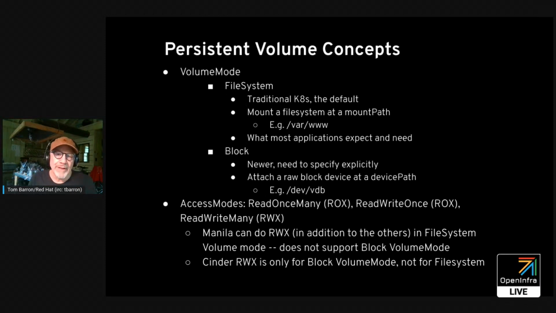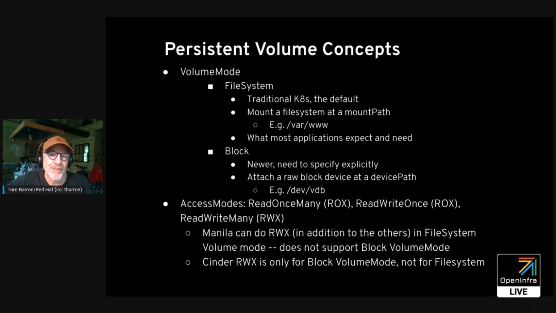Now, in the early days of Kubernetes, people thought it was going to be stateless, but everybody knows now that you need volumes. Many of the popular applications that are often shown, like WordPress, need state and persistent volumes. There are a couple of important concepts people should be aware of. One is volume mode.